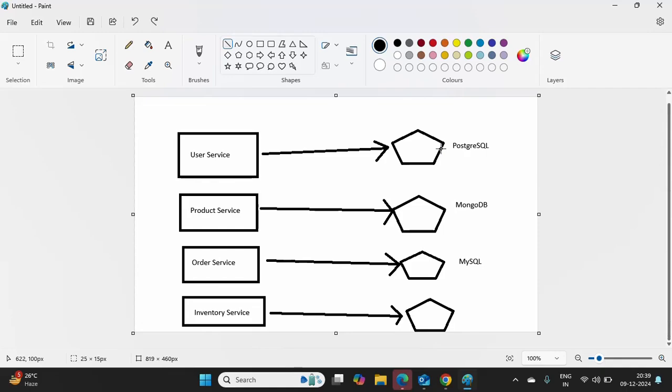That means mostly they will prefer to use Oracle in this case. If I want to change this database from Postgres to Oracle, I can simply change it without affecting all the remaining services. That means it is fully autonomous, running independently. That's why we are able to make whatever changes are required for the user service.